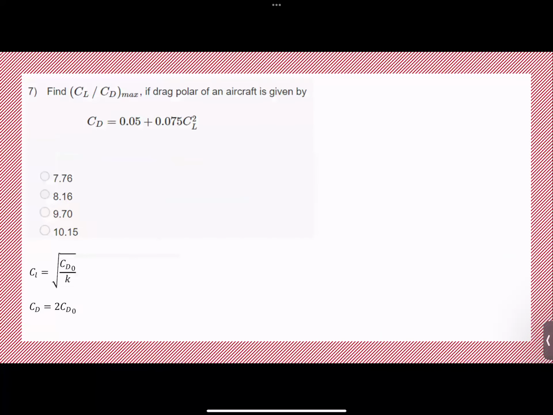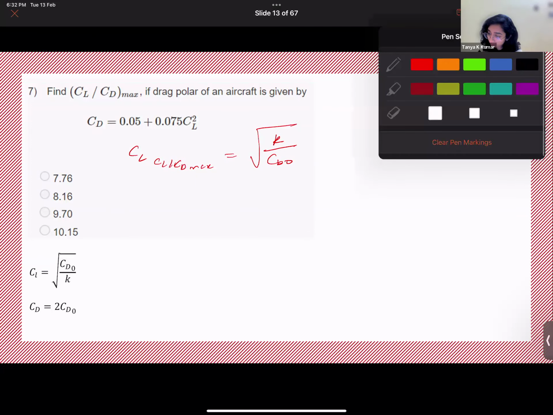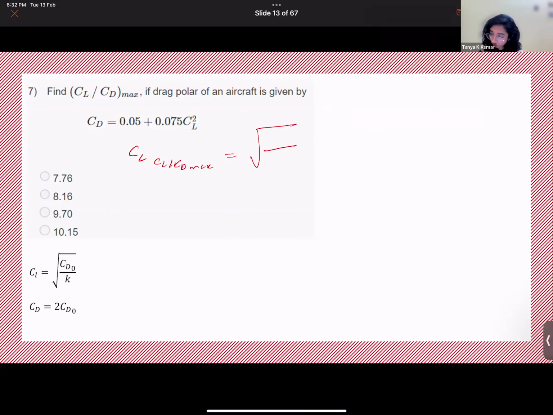So we had seen that the CL for the case when CL by CD is maximum is given by under root CD naught by K. Similarly, if we just plug in this value, CD equals CD naught plus K CL square, and CL is given from here.